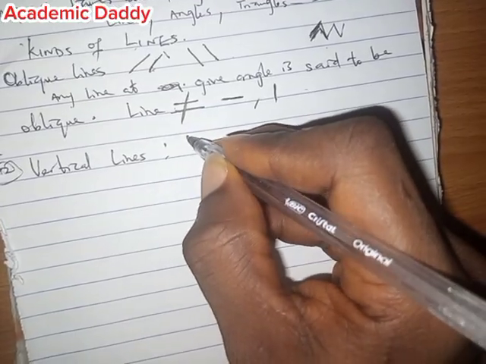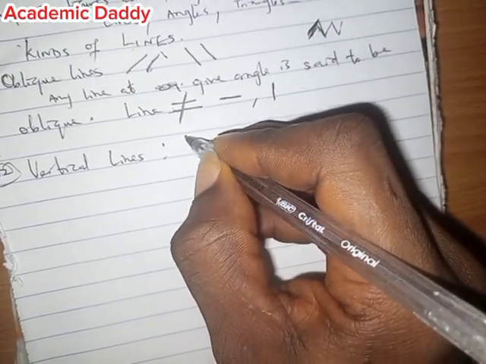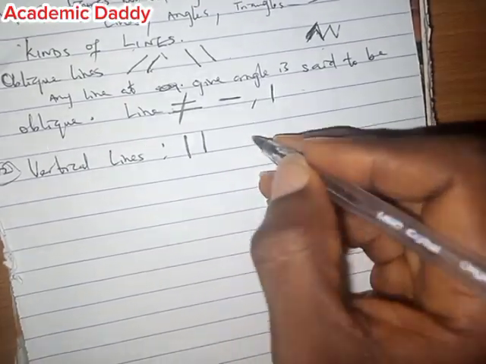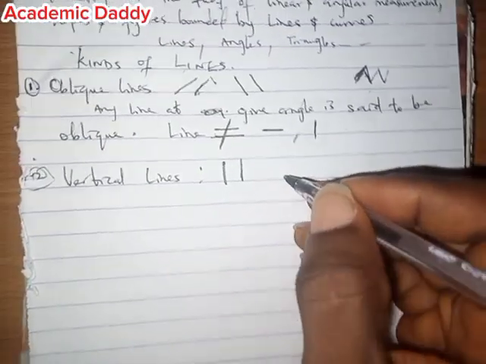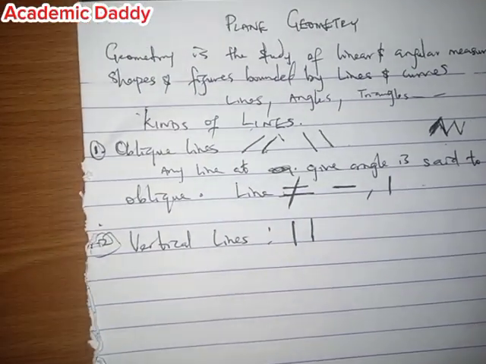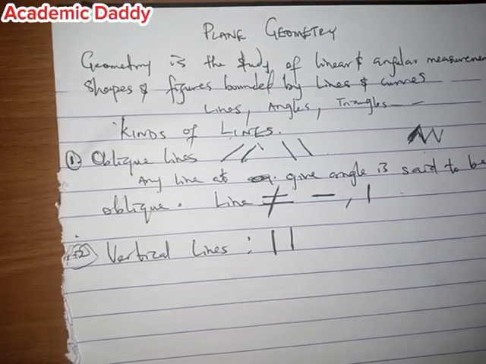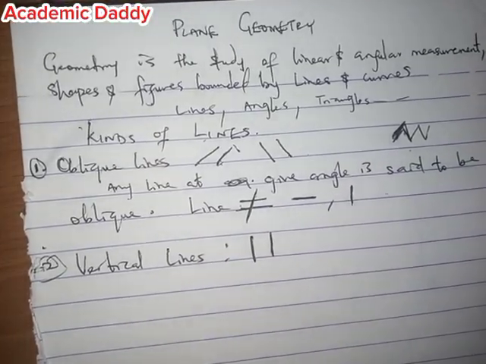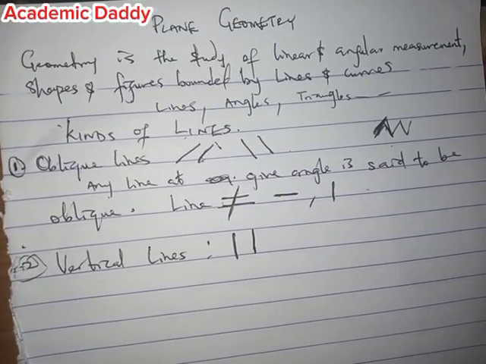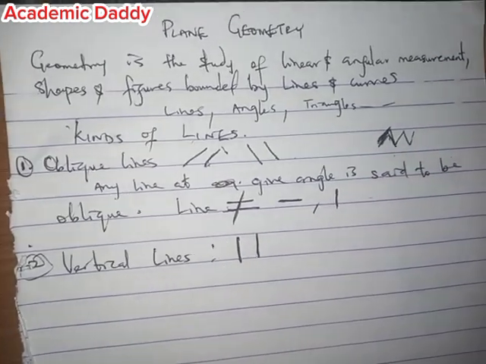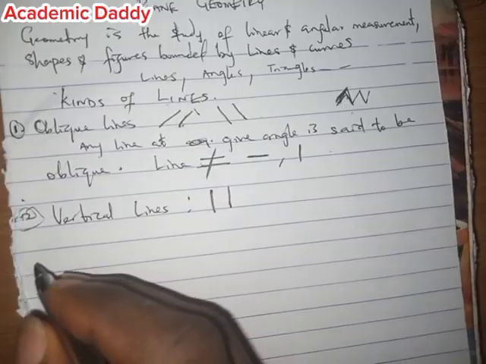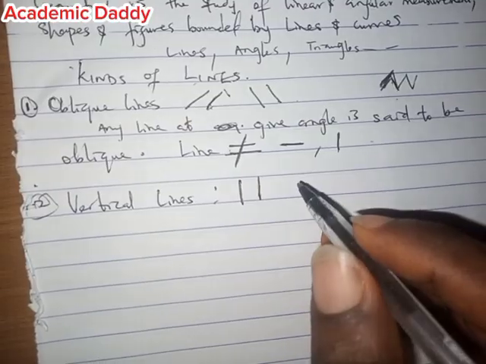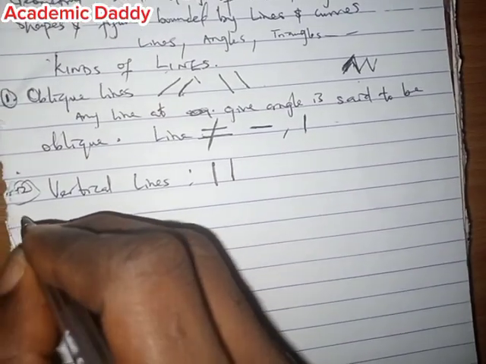So when this dot extension runs from top to bottom or from bottom to top, we say that they are vertical lines. I don't want to say 90 degrees, because lines at 90 degrees have a name. So let's put it this way: they are just lines drawn from top to bottom, or from bottom to top.